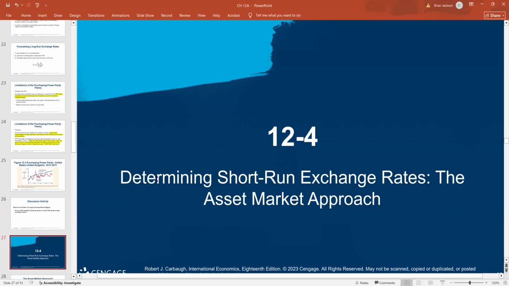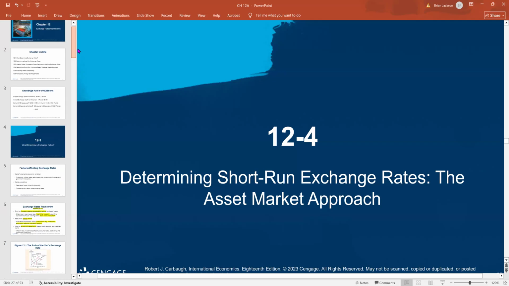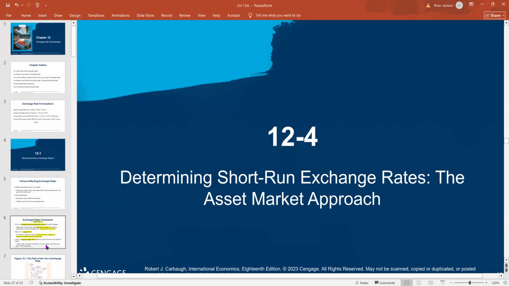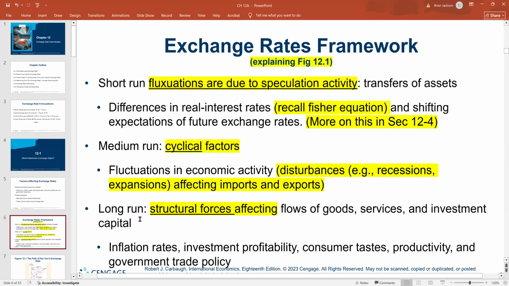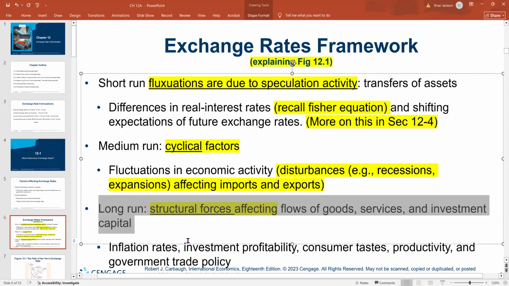This is an alternative, if you will, to the purchasing power parity approach. Again, remember back here, let me go back to a previous slide. I think it was this one right here. We've been talking about the long run with purchasing power parity.